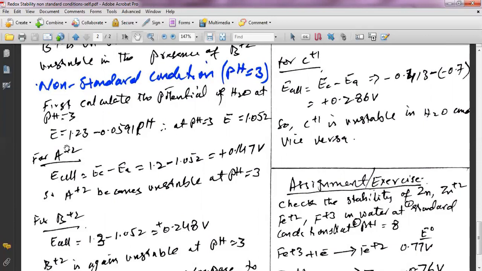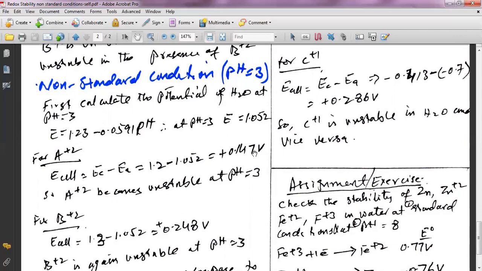So the pH is not going to change the potential of the A plus 2 ions. Only the potential of the water is affected by the pH, and at pH 3 now the potential is 1.052, and if you subtract this one, the value is plus 0.147.